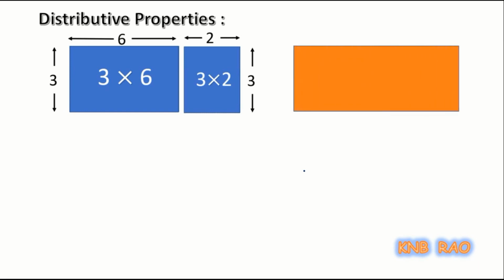We have a third rectangle whose breadth is 3 units but length is 8 units, of area 3 into 8. How does that 8 come? 8 comes from the sum of 6 and 2. Therefore, the first piece and second piece put together gave us the third piece.